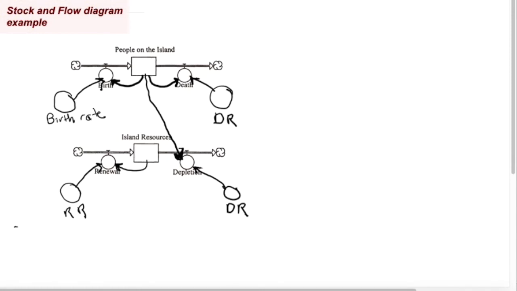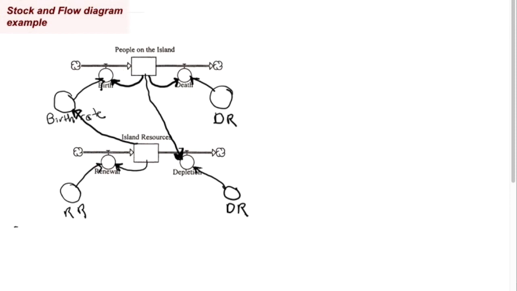We can have additional connections depending on the information that we have. So for instance, we can know that the island resources affect the birth rate. This can be a conscious decision of the island community, who dictate that they should reduce their birth rate in order to maintain a certain value of island resources.